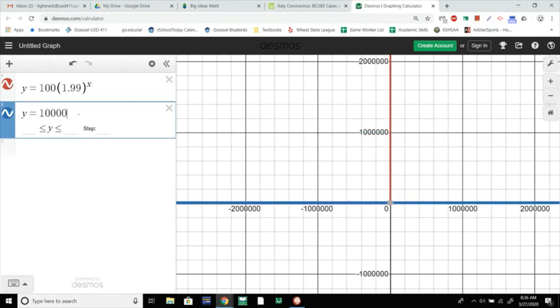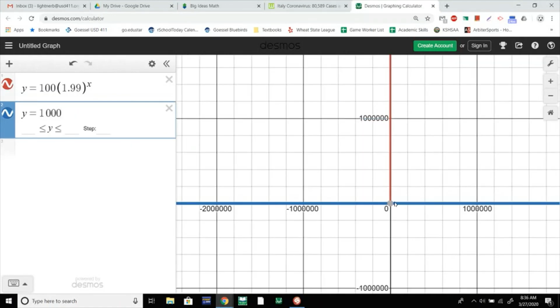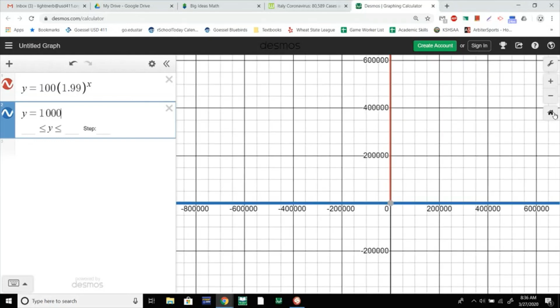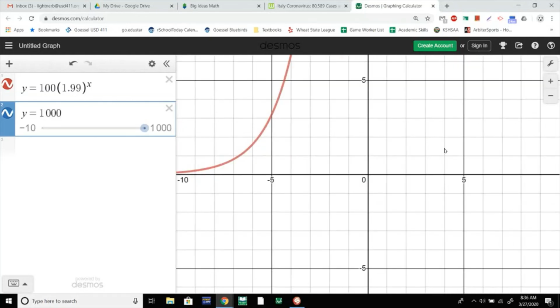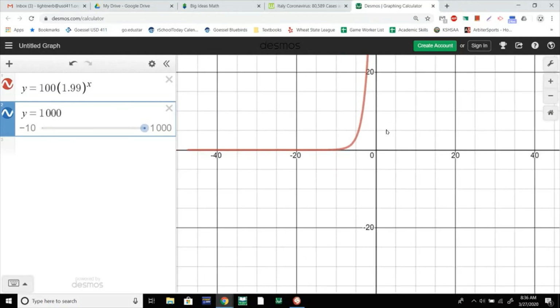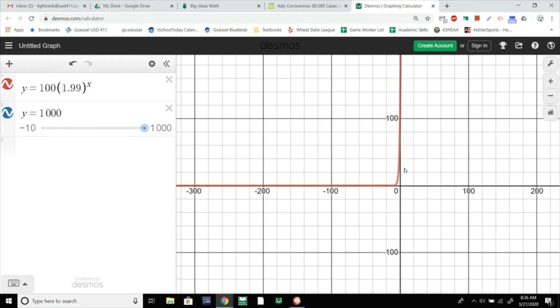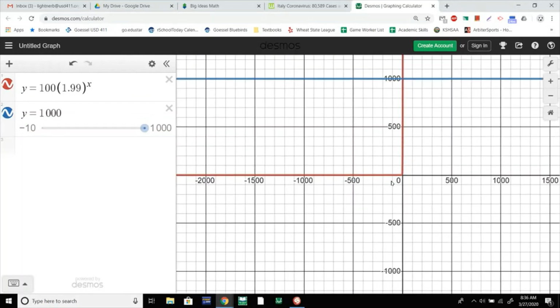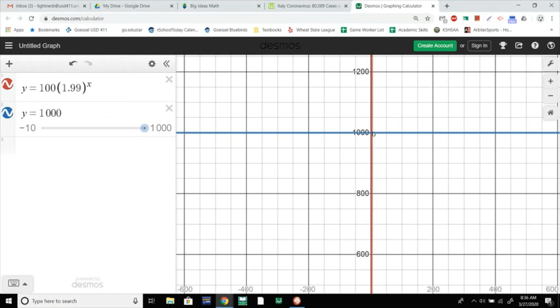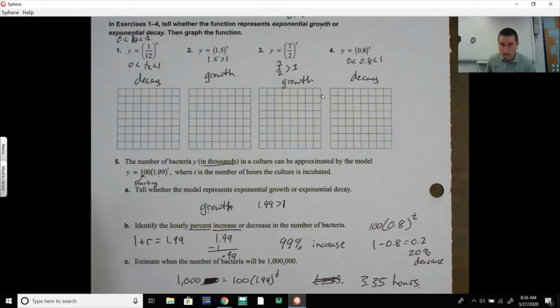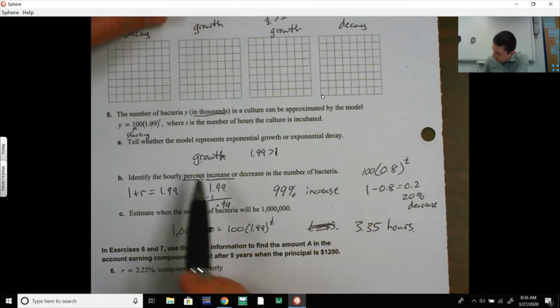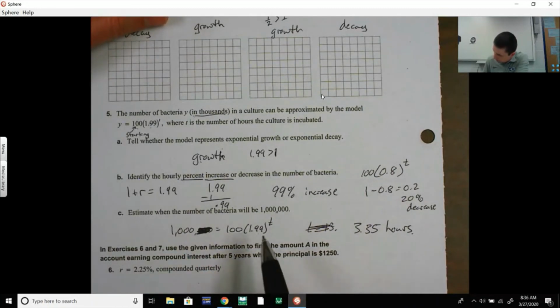So all that zooming was not needed. Again, you can also just change your settings. There's 1,000. 3.35 hours. So after 3.35 hours, you would have 100 million bacteria.